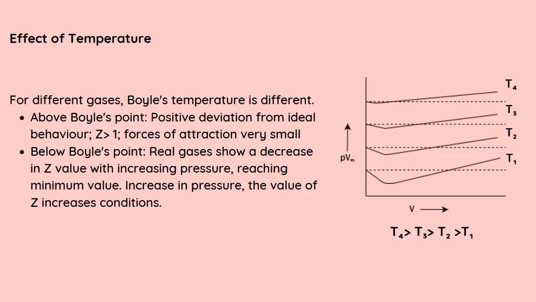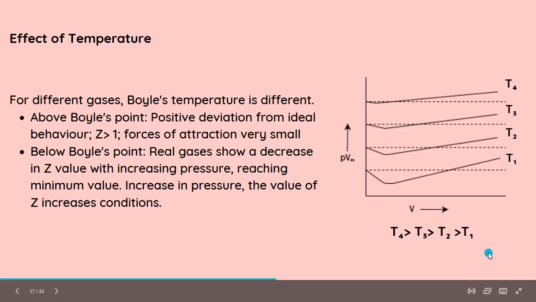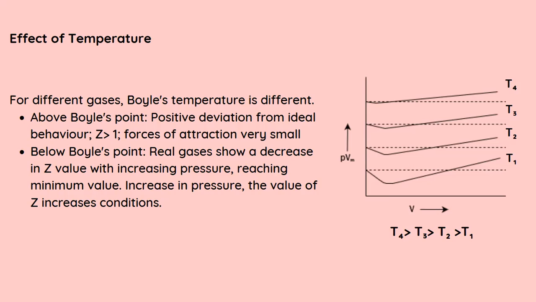On the other hand, when you have a temperature below Boyle's point, the real gases show a decrease in the value of Z with increase in pressure. They reach a minimum value, and then there's an increase where the value of Z is increasing. This is what we saw in the previous graph.